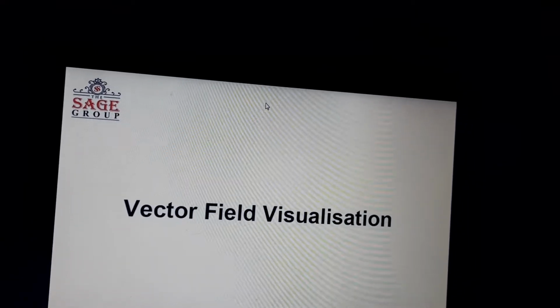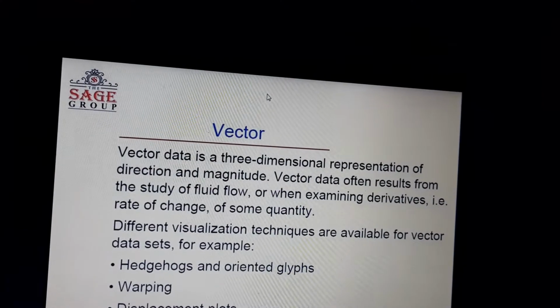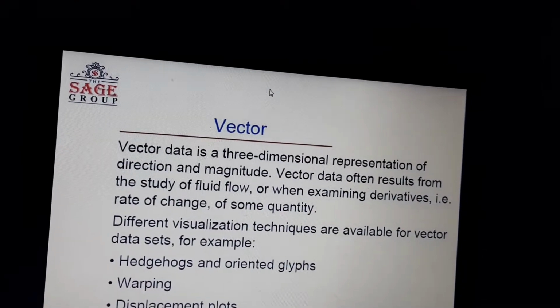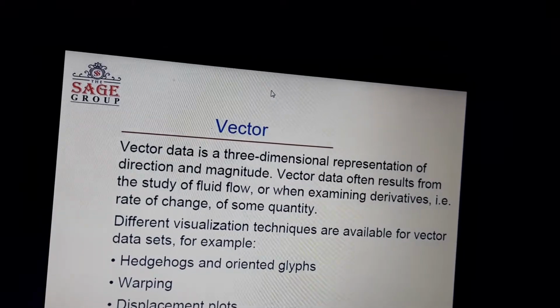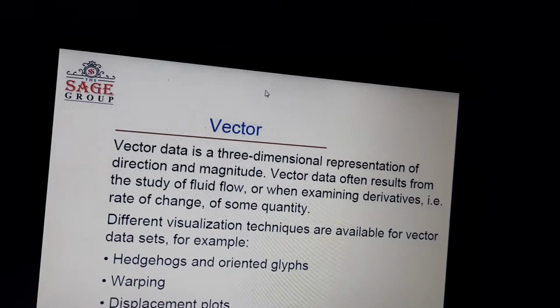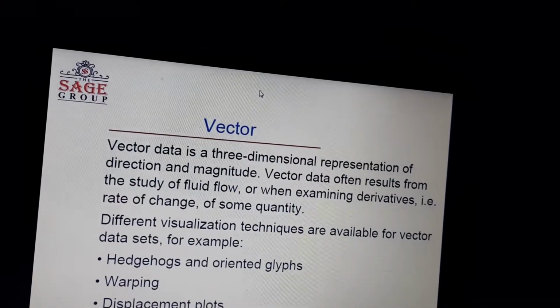Okay, so first we will see what is vector data. A vector data is a three-dimensional representation of direction and magnitude. As you all know, when a direction is added to the magnitude, then it becomes vector data.